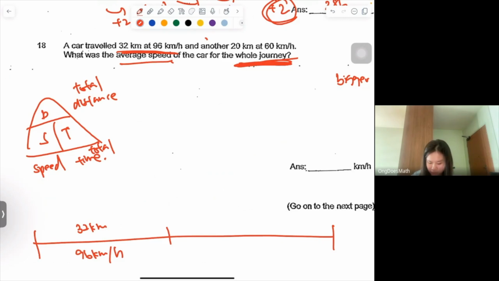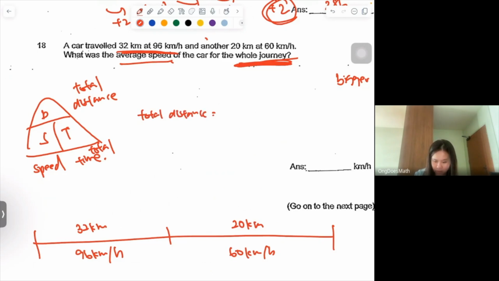For the second part, he traveled 20 km at 60 km per hour. To find the total distance for the whole journey, you just have to add up this and this. 32 plus 20, which is 52. Now we have the total distance, which is 52 km.